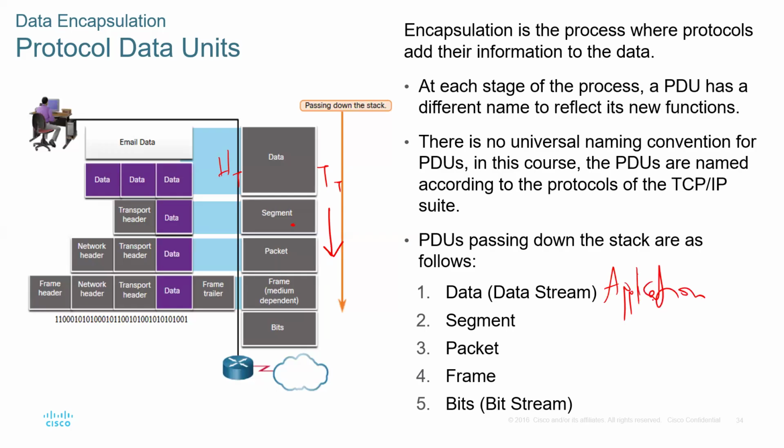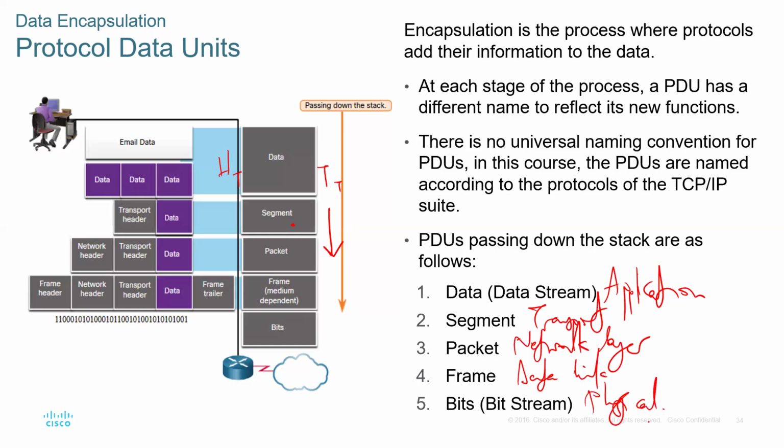So the important thing to get out of this: if we are in the application layer, we call the information data, a data stream. At transport, that information is called a segment, the same information with the addition of my headers and trailers after encapsulation. At the network layer, we are talking about packets. At the second layer, data link, we are talking about frames, and this is the physical. So going forward, if we are talking about a frame, we are talking about layer 2.